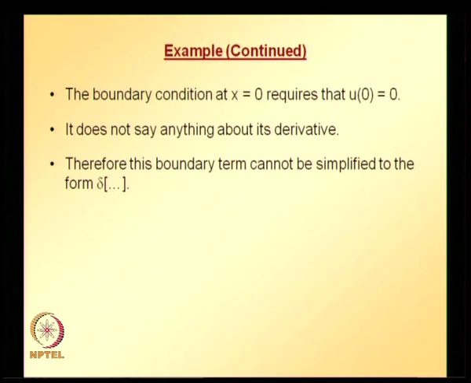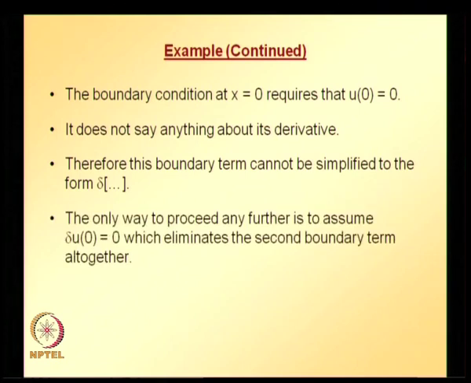Okay. So, the only way to proceed further is to assume the variation of u evaluated at x is equal to 0 is 0, which eliminates the second boundary term altogether, and we will see what the implication of this is.